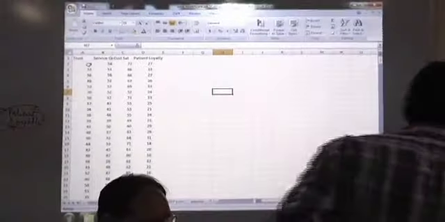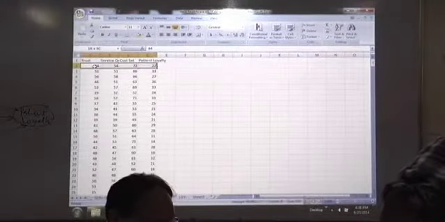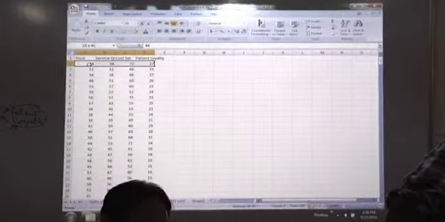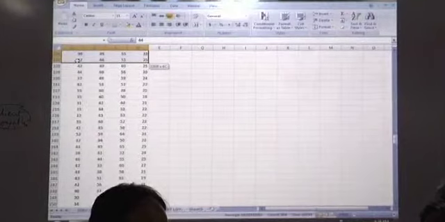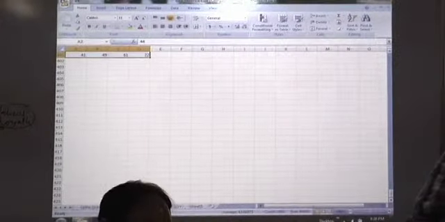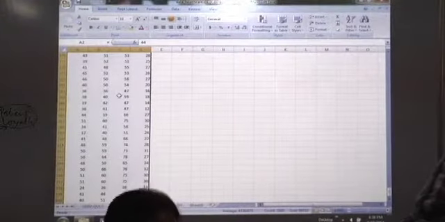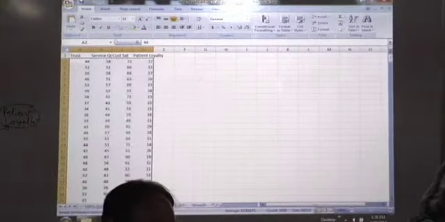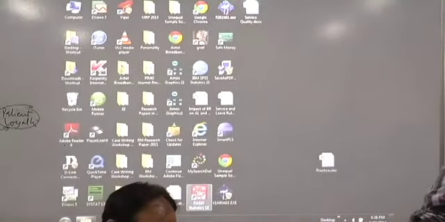Initially, because we will be applying both simple and multiple regression, we will transfer the data on all the 4 variables. So copy data on all the 4 variables. Don't copy the titles. We will have to put those titles again.